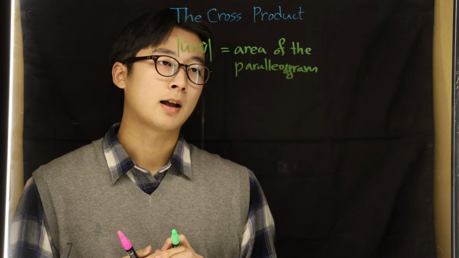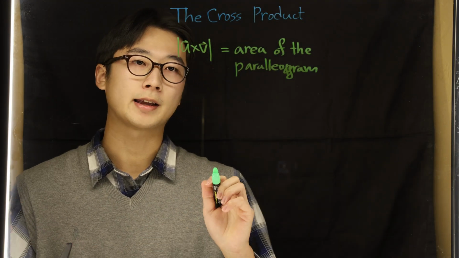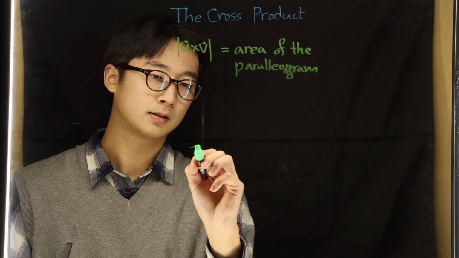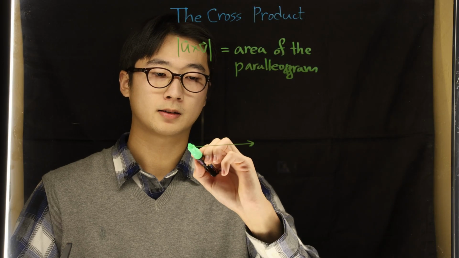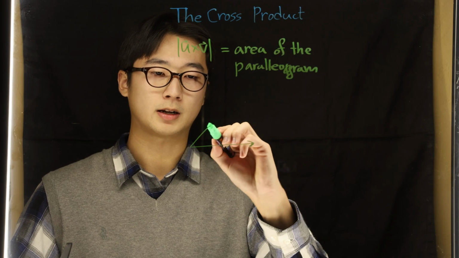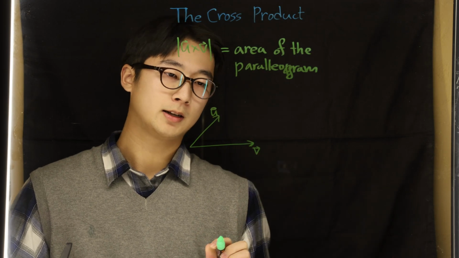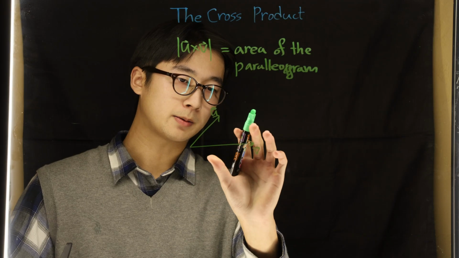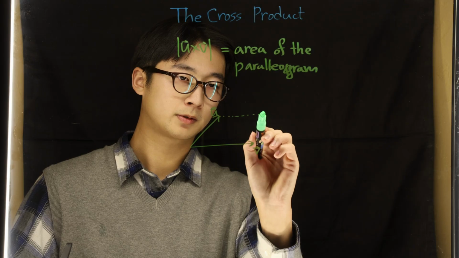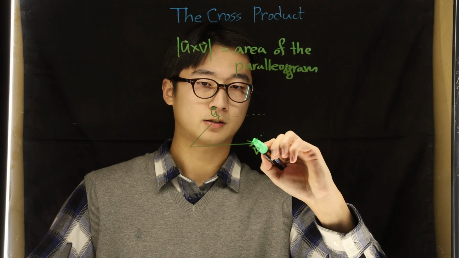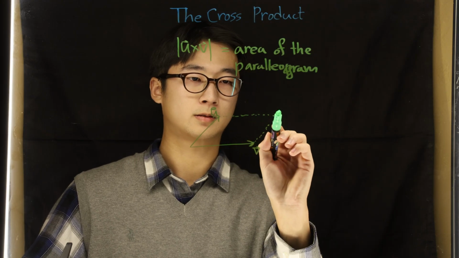Let me show you this property geometrically. Let's say there's a vector v, goes like this, and there's a vector u, goes like this. This is v and this is u. And you can see the parallelogram when we draw two more vectors, which should be parallel, like this.